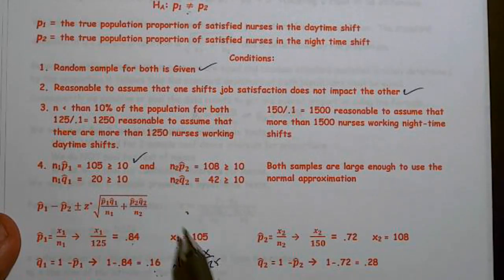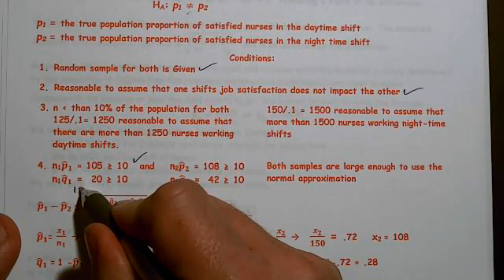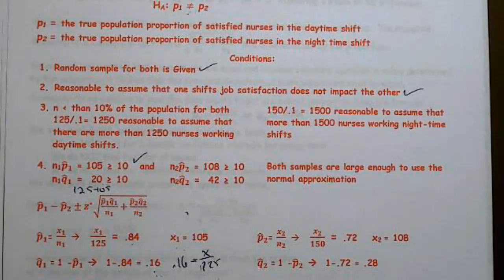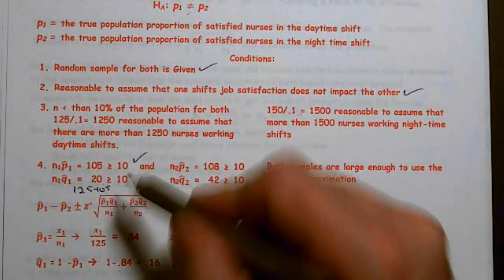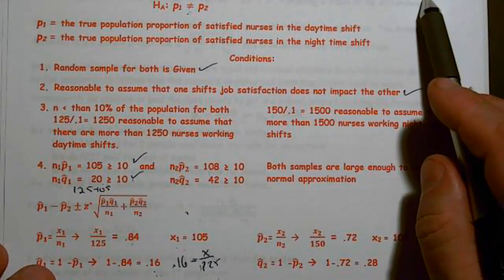Or we could just take 125 minus the 105, which equals 20, and that's greater than 10. So that one's met. Over here, we had 72% job satisfaction.